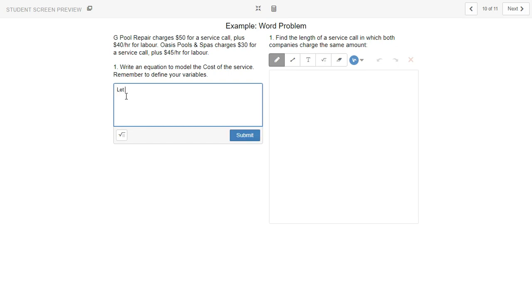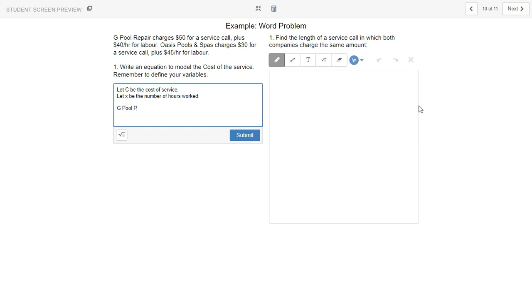I'm going to say let C be the cost of service. I'm going to say let X be the number of hours worked. Just a hint, X is always going to be whatever the rate is, the rate per hour. So X is the number of hours.